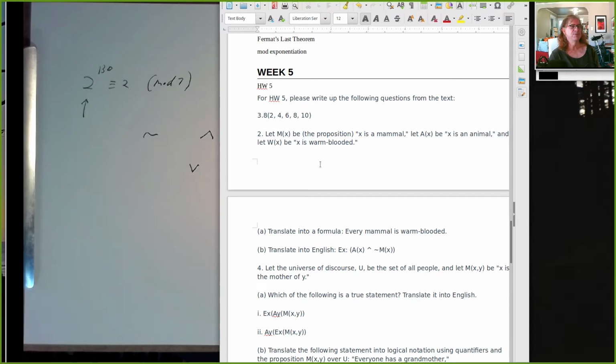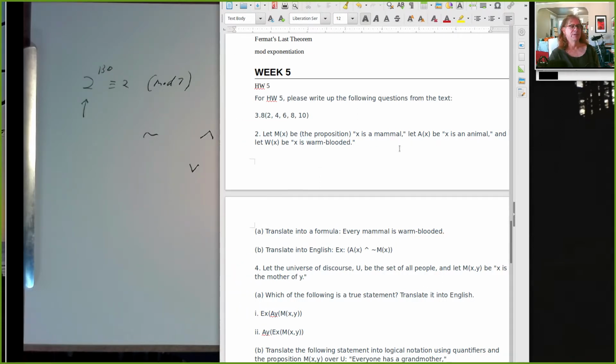So question 2 said, let M of x be the proposition x is a mammal. Let A of x be the proposition x is an animal. W of x says x is warm-blooded. So part A, translate into a formula. Every mammal is warm-blooded. Well, every mammal is warm-blooded, so for all animals, if the animal is a mammal, then it must be warm-blooded, right?